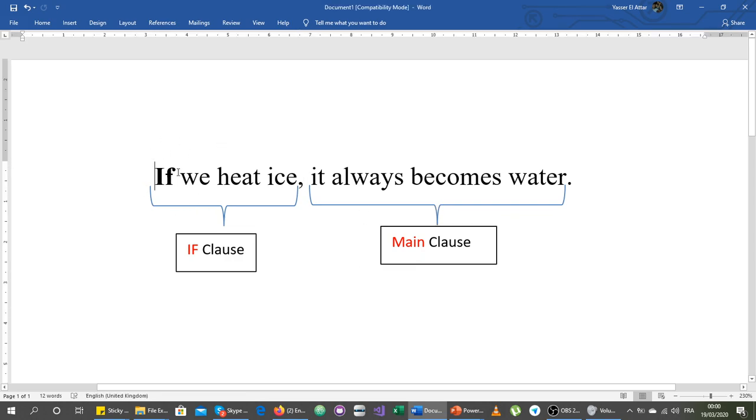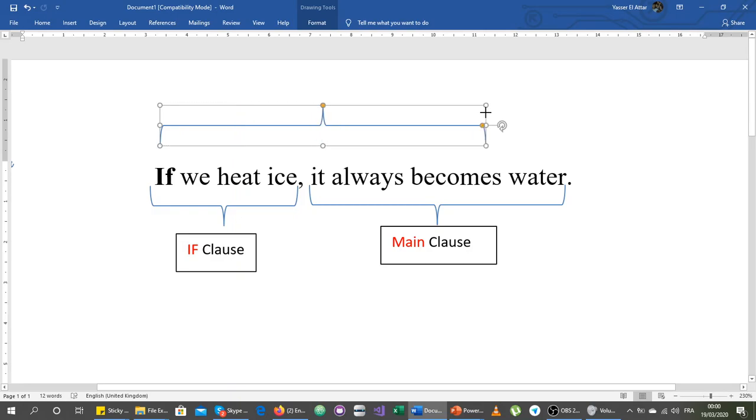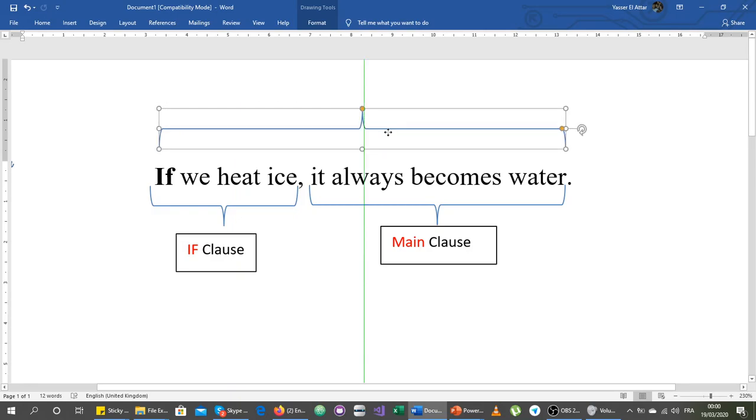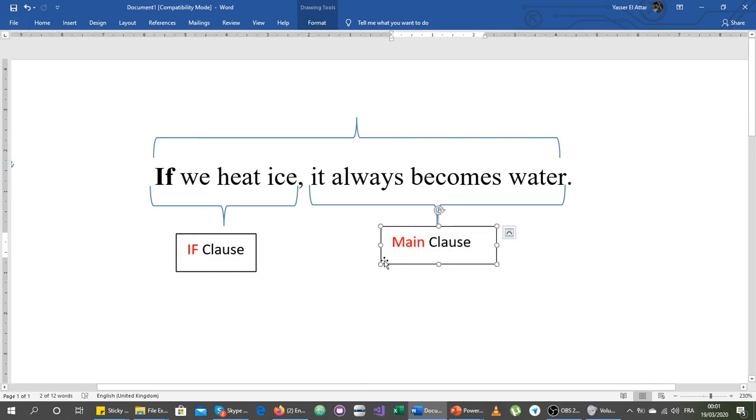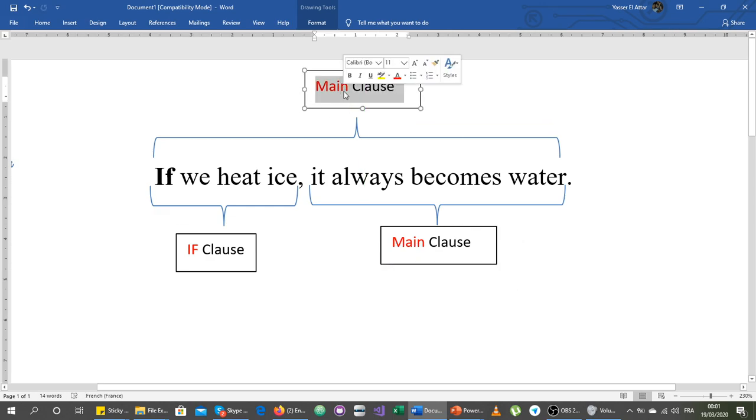And the whole sentence, okay, that contains if clause and main clause, we call it the conditional sentence.